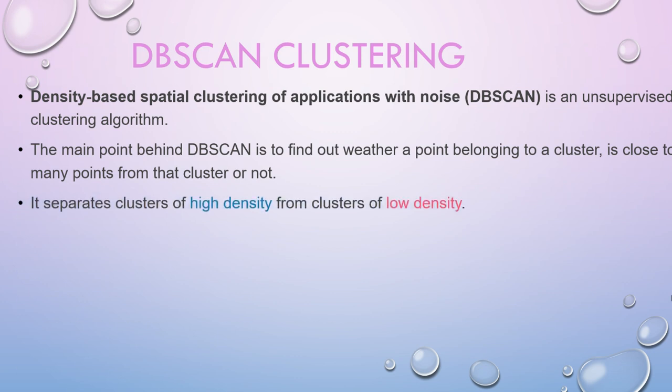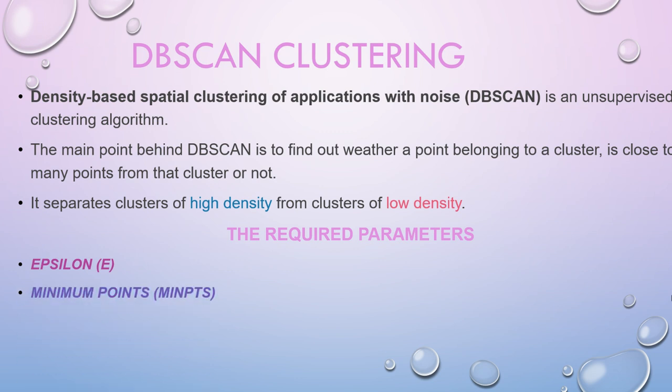It separates clusters of high density, meaning having many data points, from clusters of low density, meaning having few data points. Now, the required parameters to form a cluster in DBSCAN are epsilon, which tells us the distance between one point and another, and the minimum points, which means the minimum points in that area.